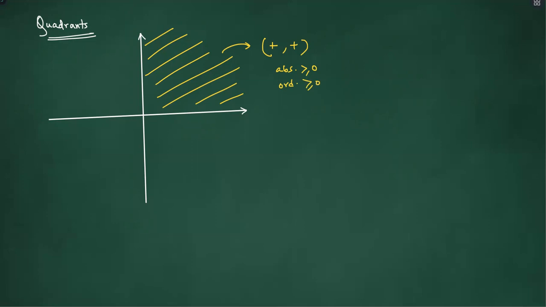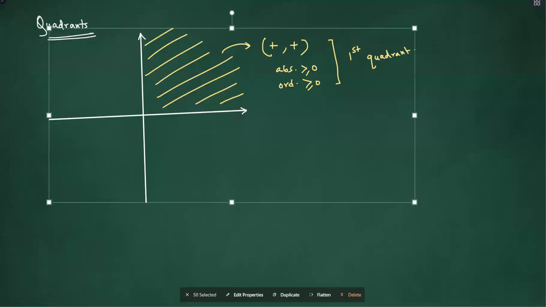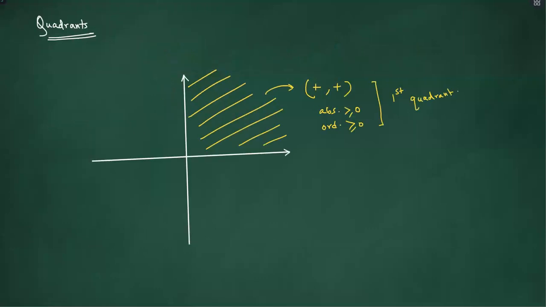And this quadrant over here is known as the first quadrant. Let me shift this a little bit so that we have space. So this is the first quadrant. The x coordinate is positive, the y coordinate is positive.